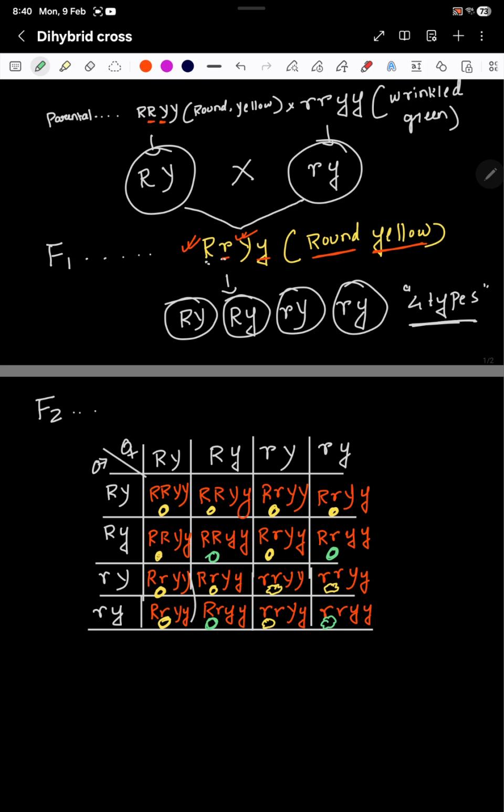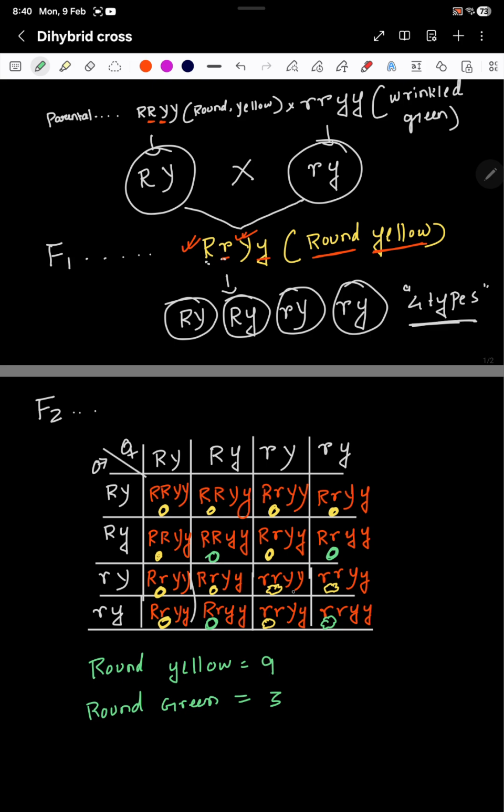Now what will be the ratio? Round yellow is 1, 2, 3, 4, 5, 6, 7, 8, 9. Round yellow equals 9. Okay. How many are the round green? See, 1, 2, 3. Round green equals 3.